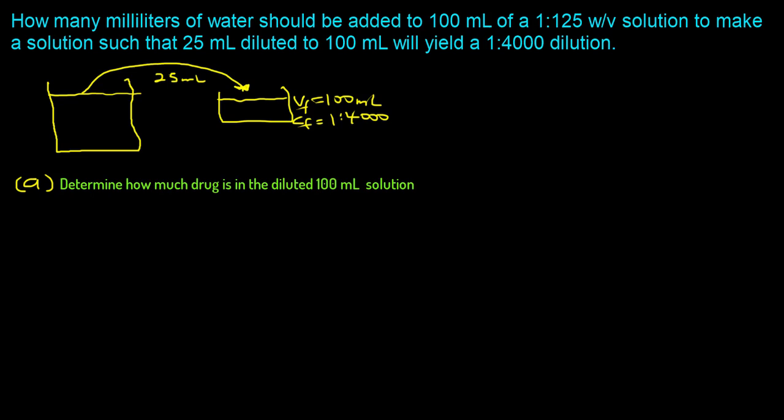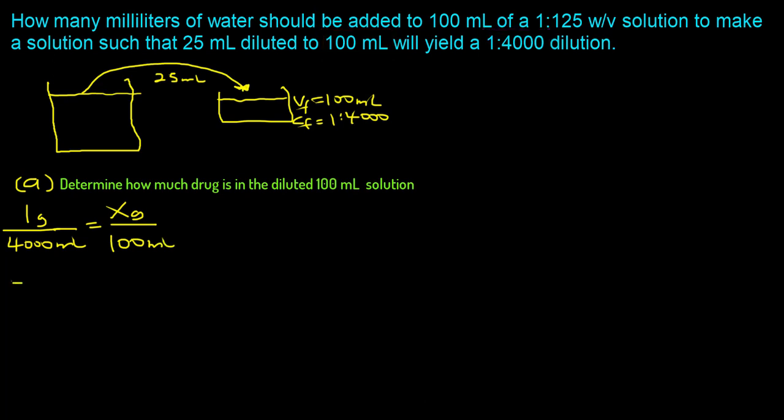Now, since the concentration is 1:4,000, it implies that you have 1 gram of solute in every 4,000 milliliters. But we prepared a 100 milliliter solution, so we want to determine how many grams we need to make the 100 milliliter solution.